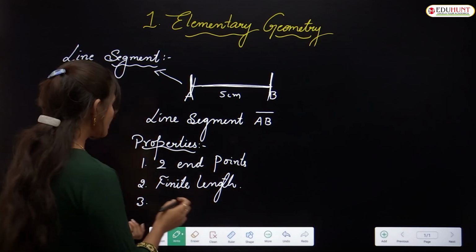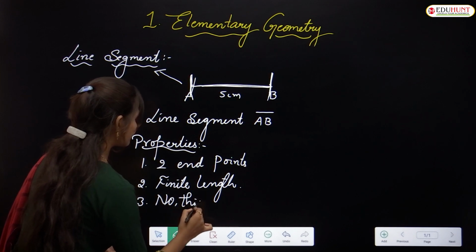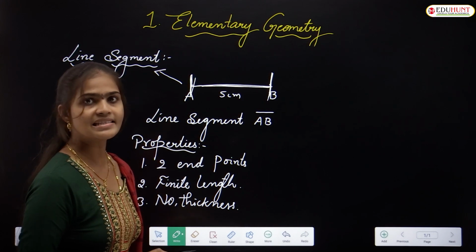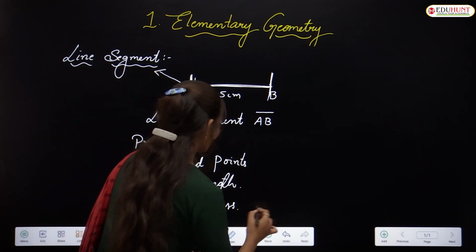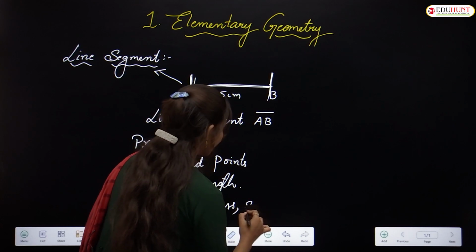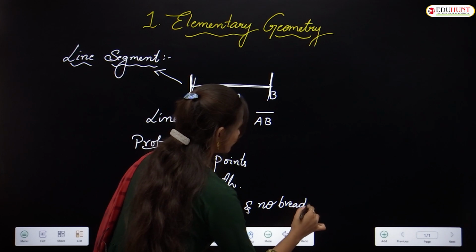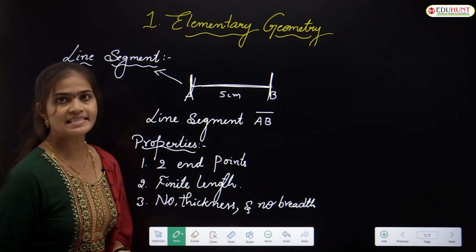No. So a line segment does not have any thickness or any breadth. So these are the properties related to the line segment.